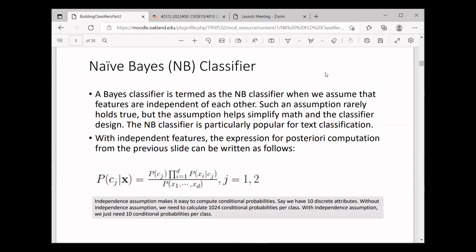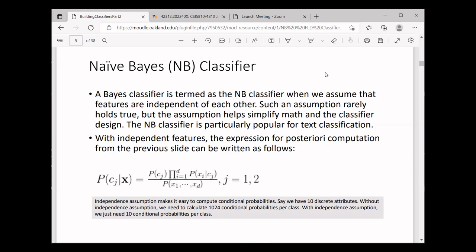In most situations, there is a certain amount of correlation. But in naive Bayesian, we make an assumption that these features are not correlated.